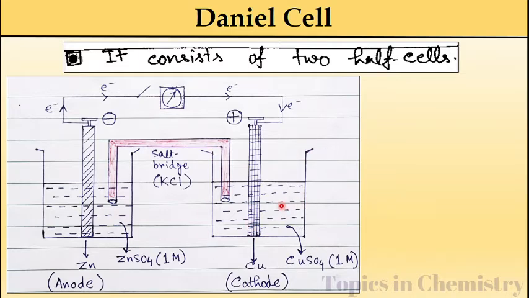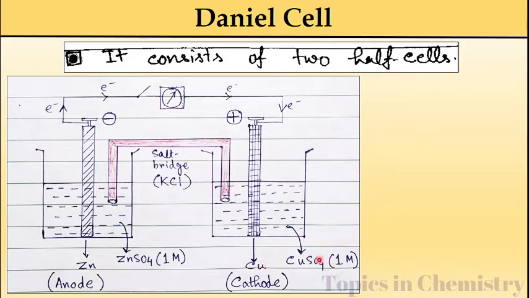The left one contains one electrode, the zinc electrode, and a solution, the zinc sulfate solution. So one electrode and one electrolyte is equal to one half cell. And here again is one electrolyte, copper sulfate, and the electrode is copper.